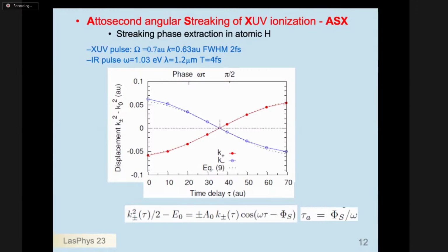If the scattering phase equals 0, then the isochron branches intersect exactly at pi over 2. But if there is some streaking phase, then the intersection will be offset by this phi-s value, which presently is 2/10 of a radian.